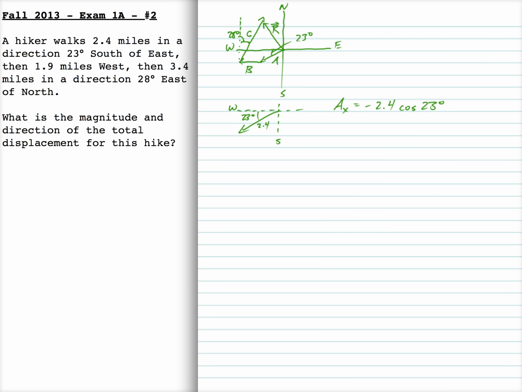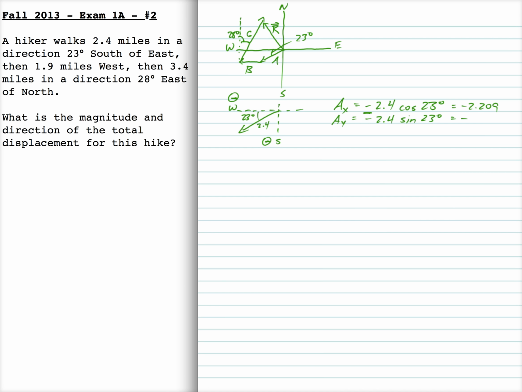You've got to put that negative sign in there because, generally speaking, we make left or west negative, and we make down negative as well. So that's minus 2.209. The y component, also negative, is minus 2.4 sine 23, right?